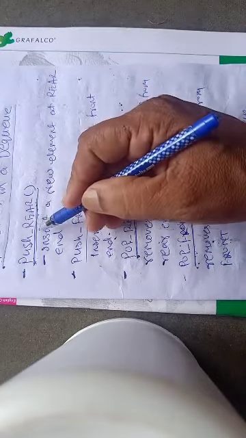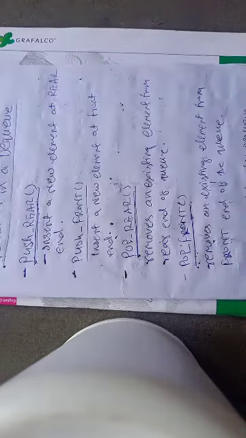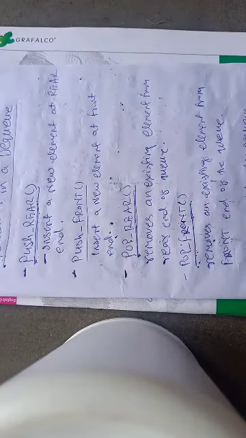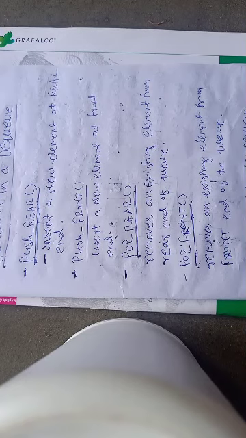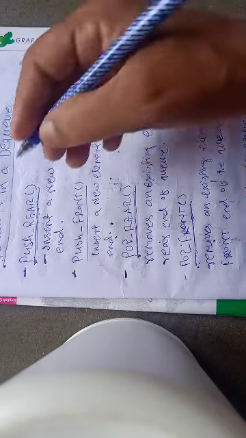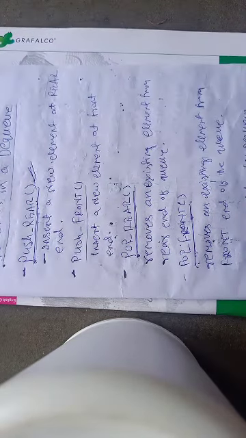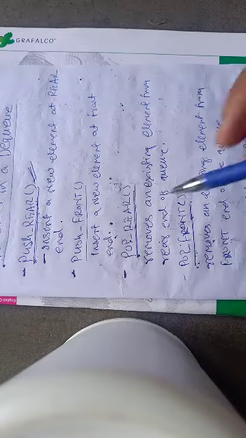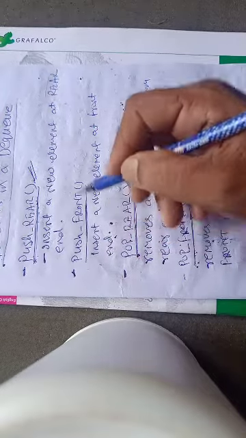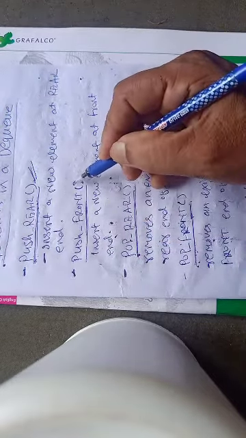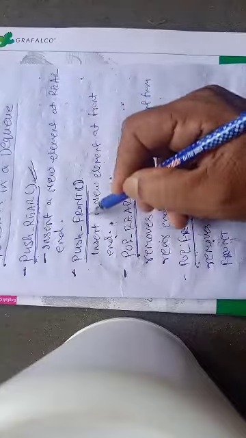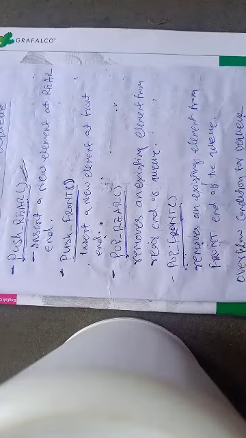If I invoke this operation, insertion will take place at the rear end, and we have already seen in our previous videos how the algorithm works to insert an element at the rear end in a circular queue. The only difference is push front. This is new, so we will explain this algorithm in our next video.